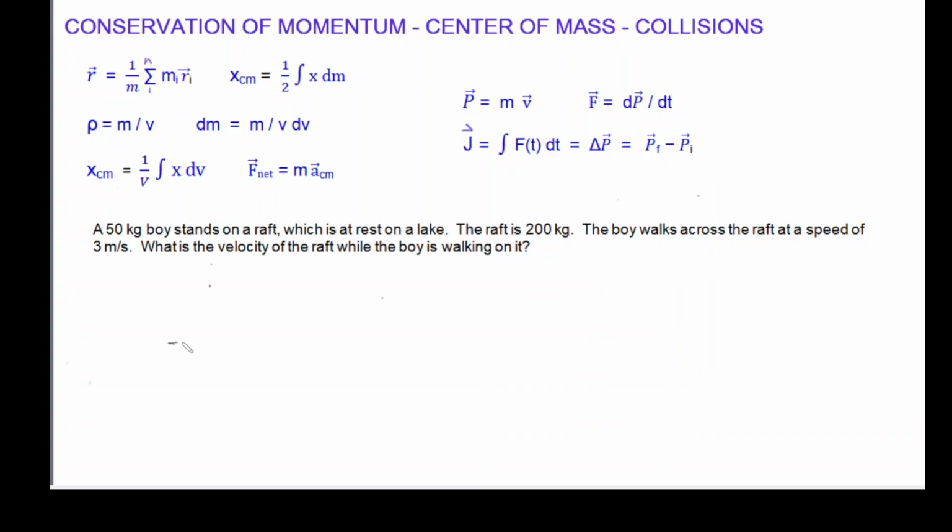So here's our water. We have a raft. We have a boy that is walking on it in this direction at 3 meters per second, and we'll call that the positive x direction. And the mass of the boy, we'll call mass 1, is equal to 50 kilograms, and the mass of the raft, or mass 2, is 200 kilograms.